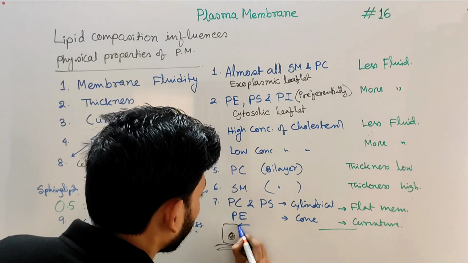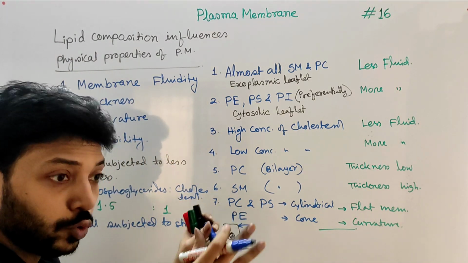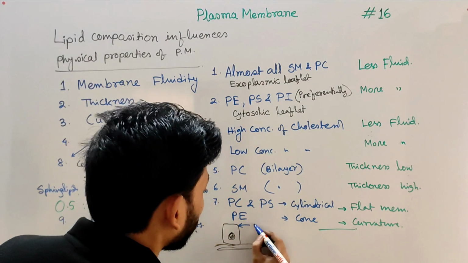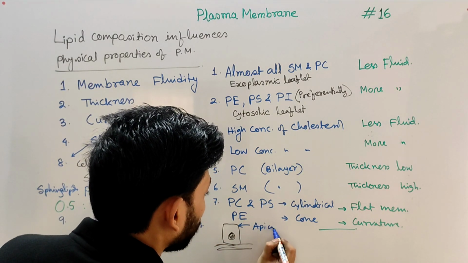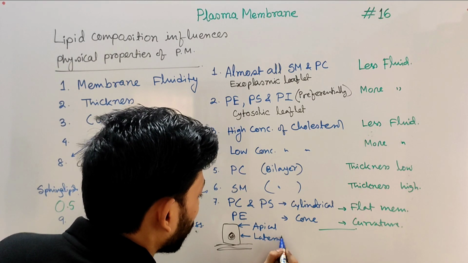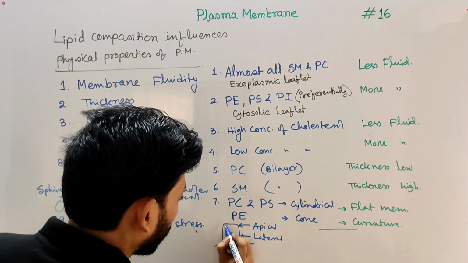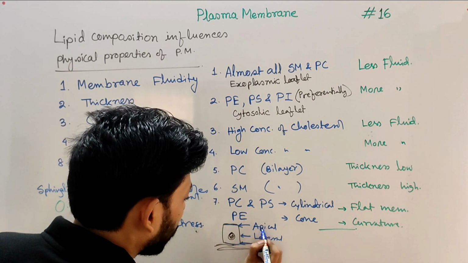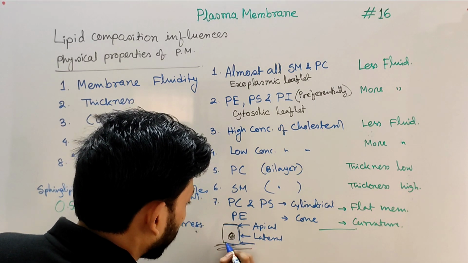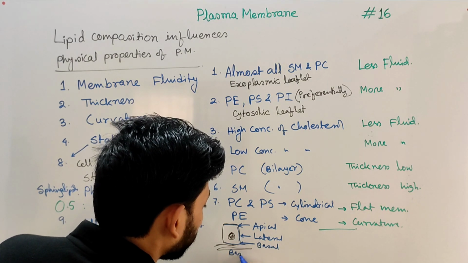The outer domain that faces the gut or the lumen of the stomach is called the apical portion. This portion is called lateral, and the down portion of the membrane, I am talking about the membrane, is called basal because it faces the basal lamina.